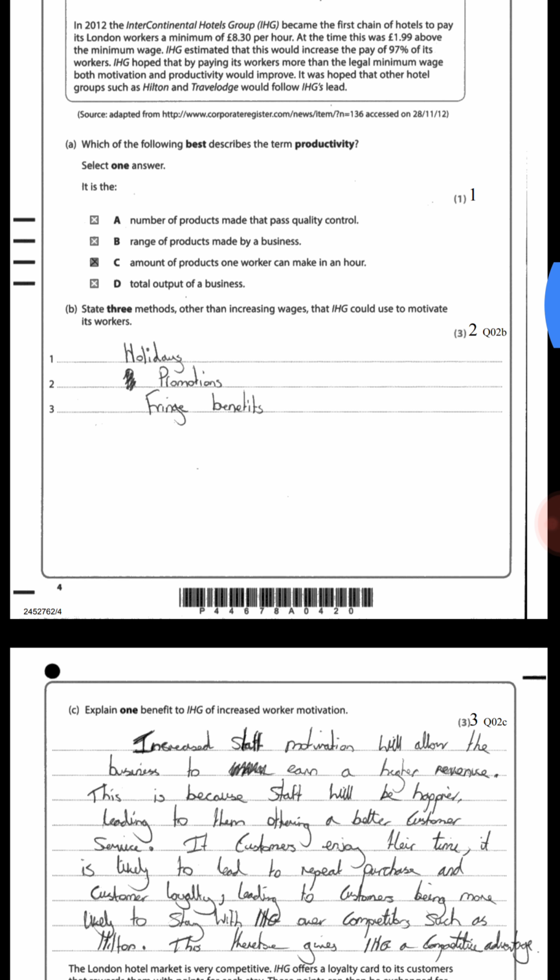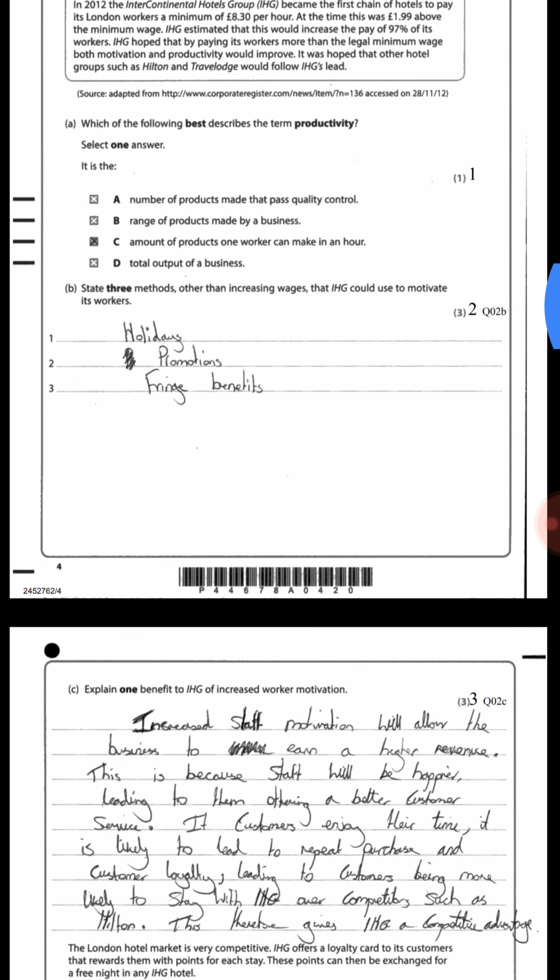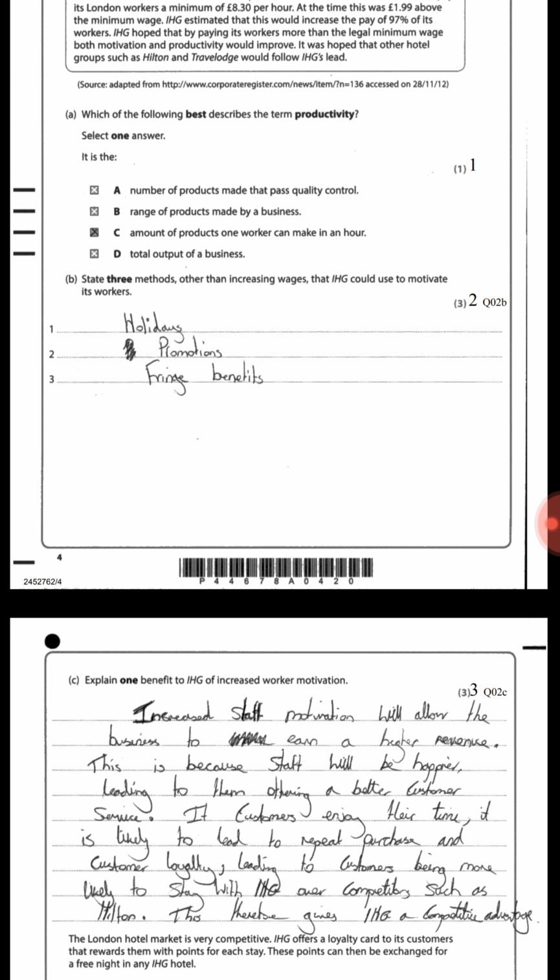Right, B. State 3 methods other than increasing wages that IHG could use to motivate its workers. This student got 2 marks out of 3. I suggest they got 1 mark for promotion. That's where you promote a member of staff to a level of higher responsibility. That would definitely motivate a lot of people. And also fringe benefits, which we will talk about in later lessons.